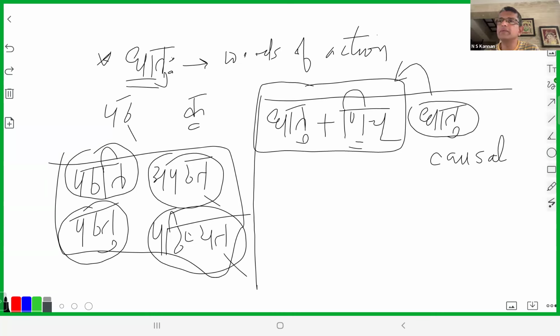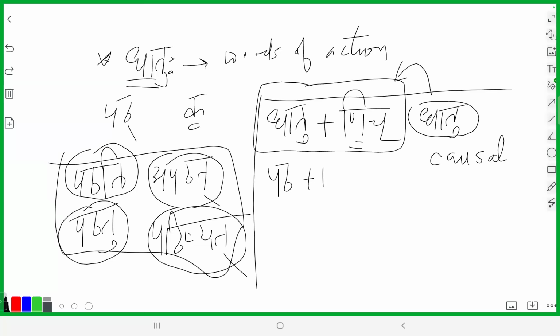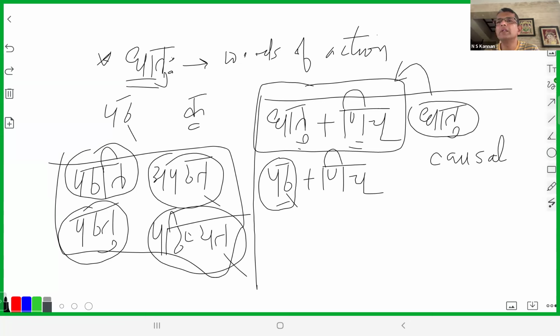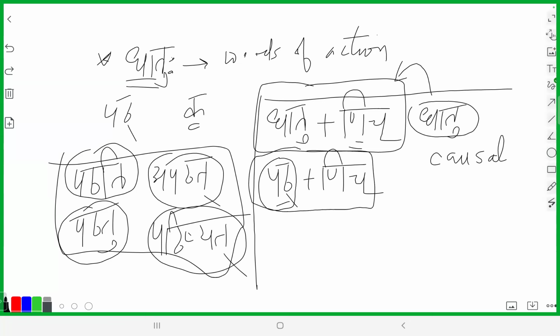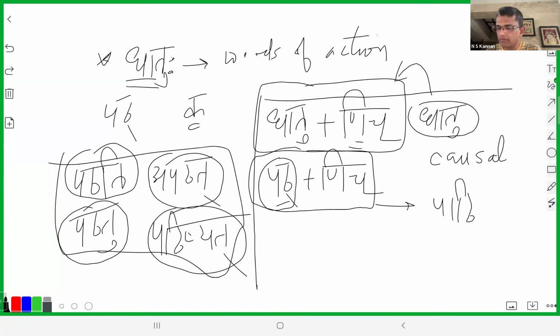So what are the examples? For example, if I add to pat, which denotes the action of reading, a nich, when you add nich to it, you get a dhatu called pathi.